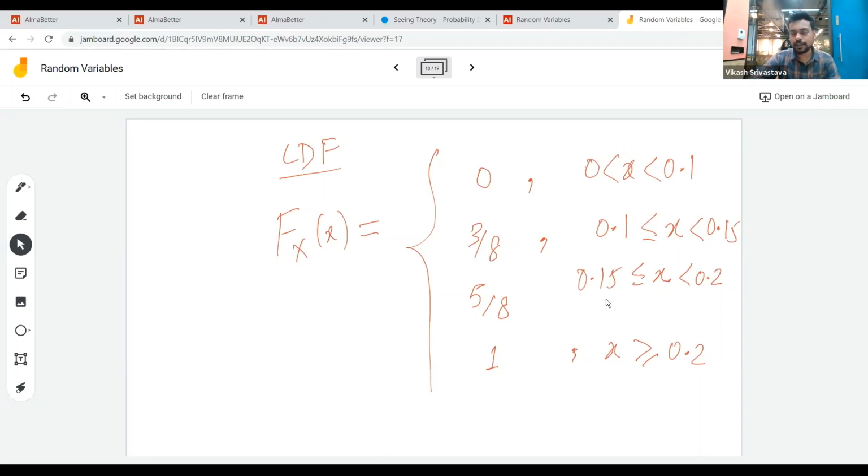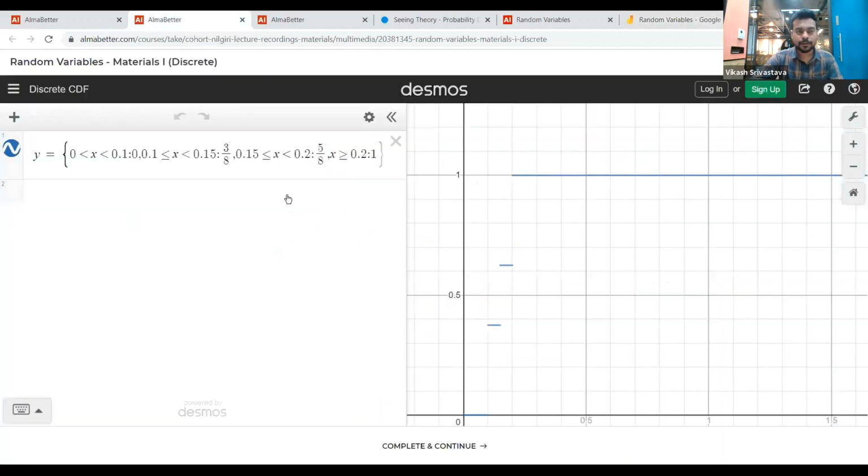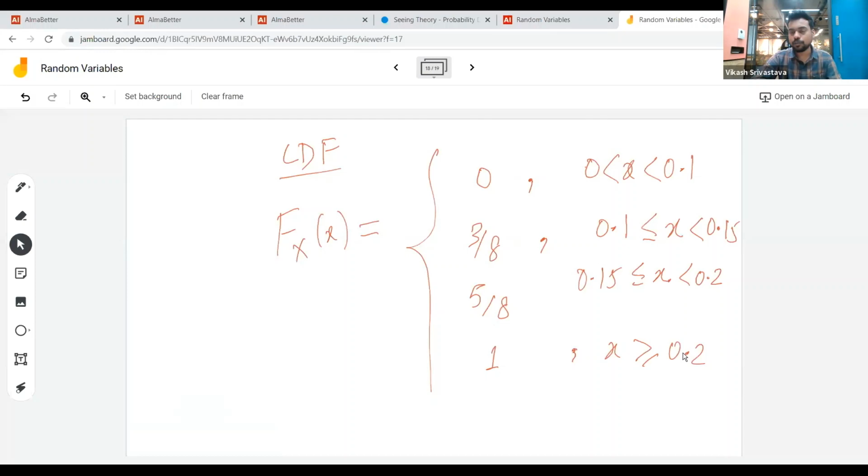If I have 0.15 less than or equal to X less than 0.2, this will have the probability 5 by 8, right? And if we talk about X greater than or equal to 0.2, this will be 1. Okay, so I hope this makes sense.